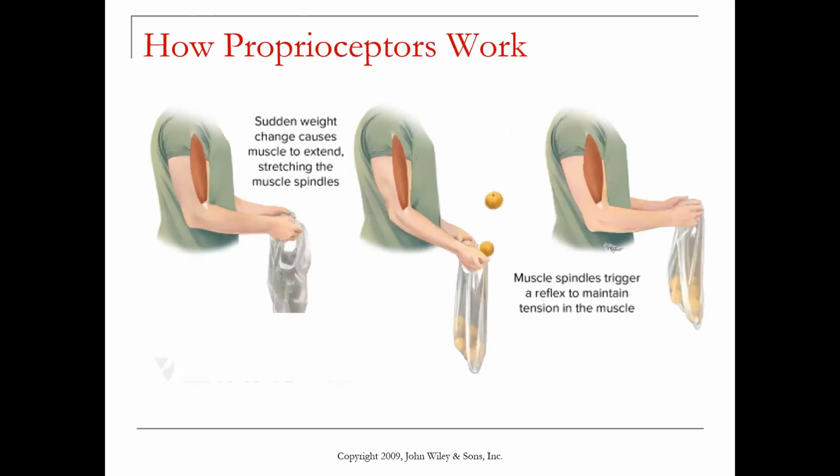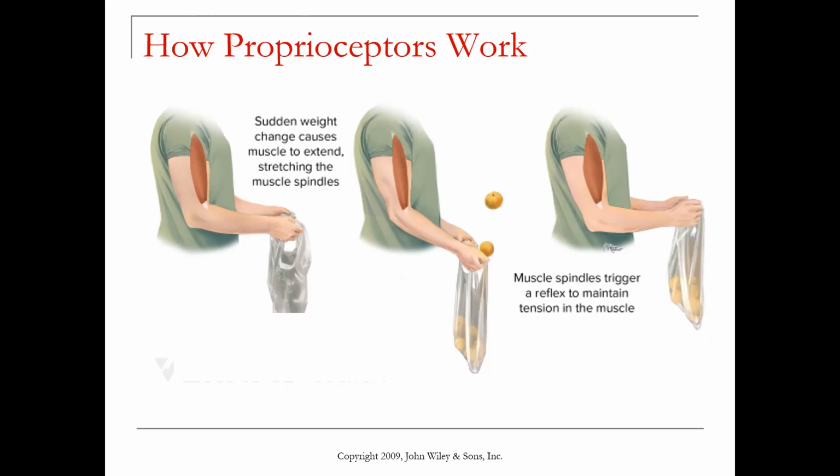I consider this a good example of how a proprioceptor works. You have an empty bag, and you're at the grocery store and you're going to put a bunch of potatoes into a bag because you're going to pick out the best of the bakers or the Yukon Golds that you want.